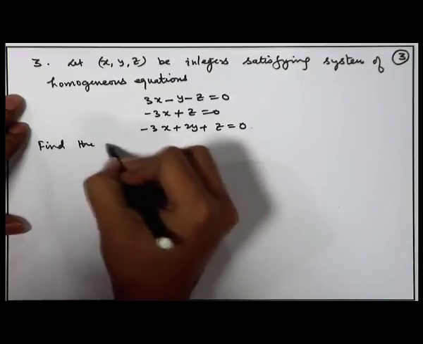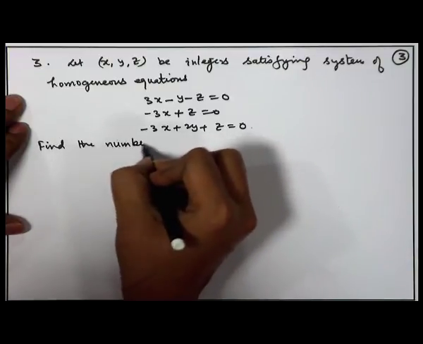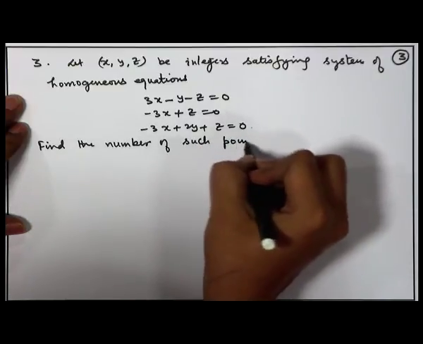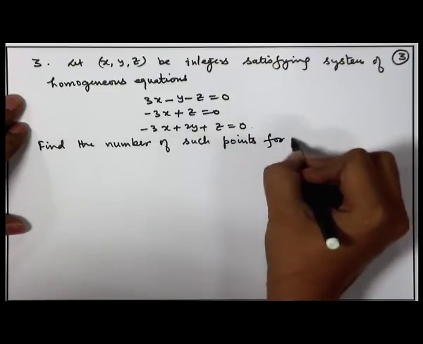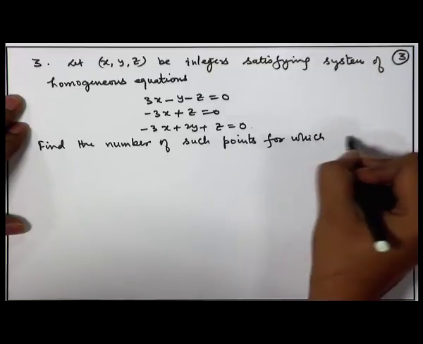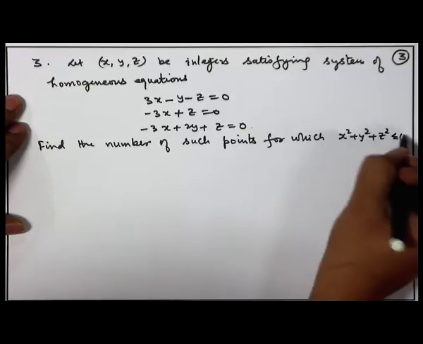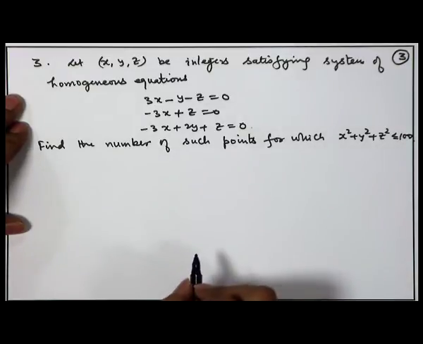Find the number of such points for which x square plus y square plus z square is less than or equal to 100.